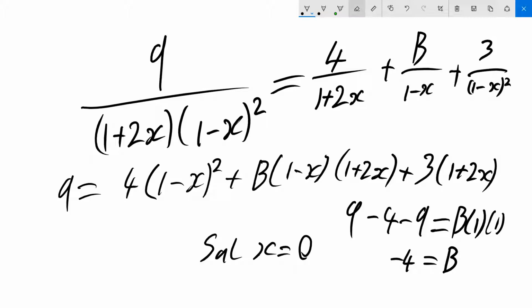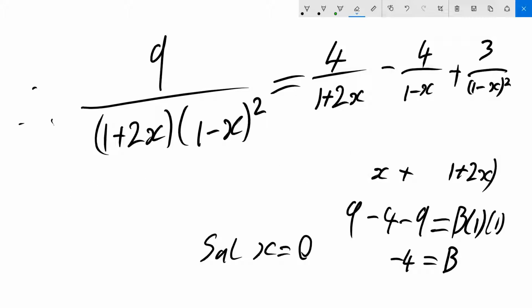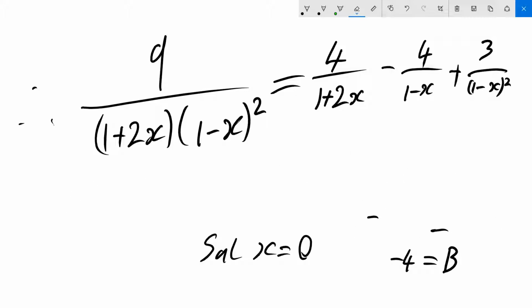So now, instead of writing negative 4 at the top here, we can just write 4 and change the sign at the front here, and that's the exact same thing. So now we write our therefore, and we write it all out again to show our working, and we're left with this.